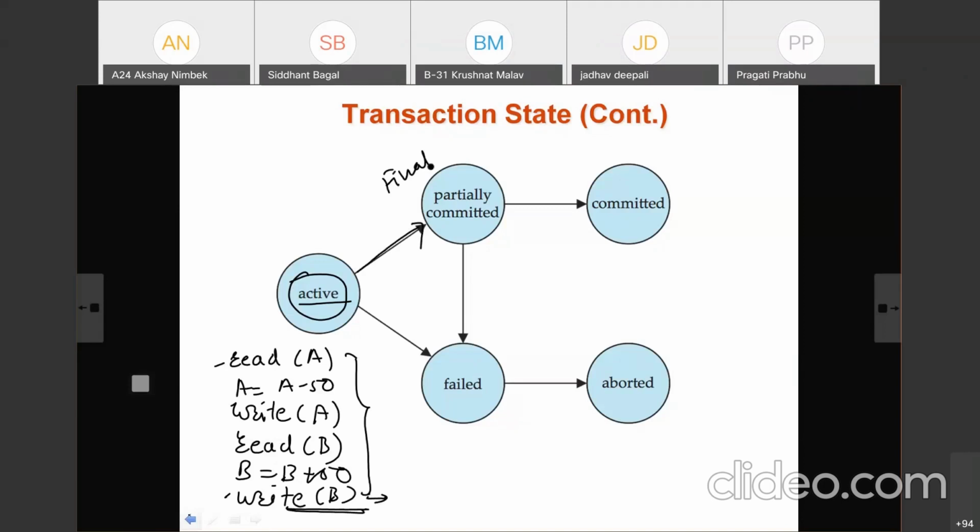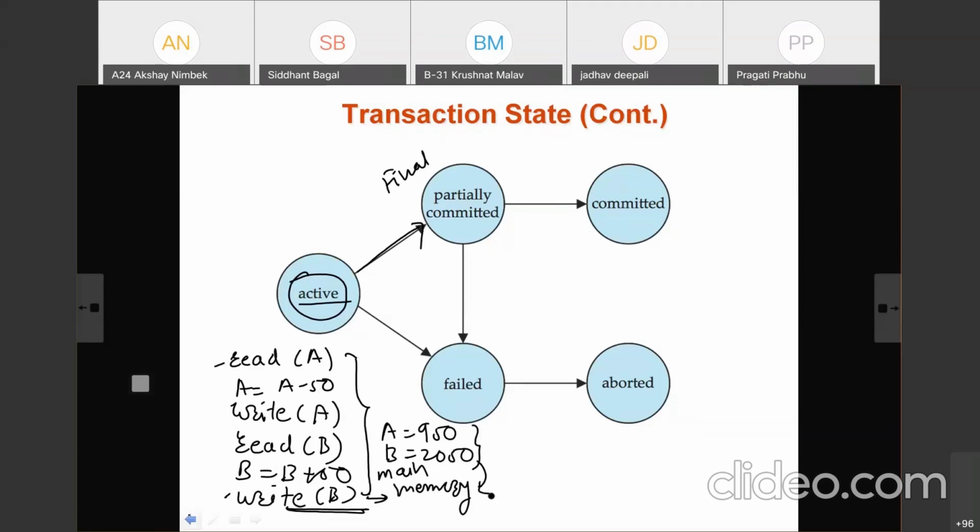Why is it partial committed? Again, I am explaining why: because the changes made by the transaction are still in main memory. What are the changes? A is equal to 950 and B is equal to 2050. So these changes are still in main memory, and that's why we call it partial committed.